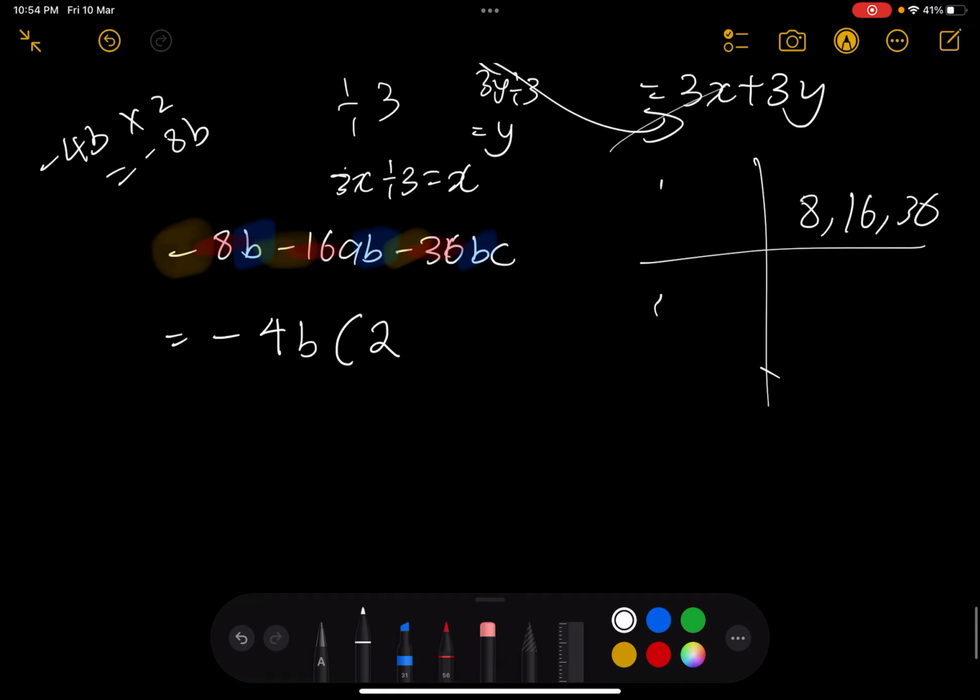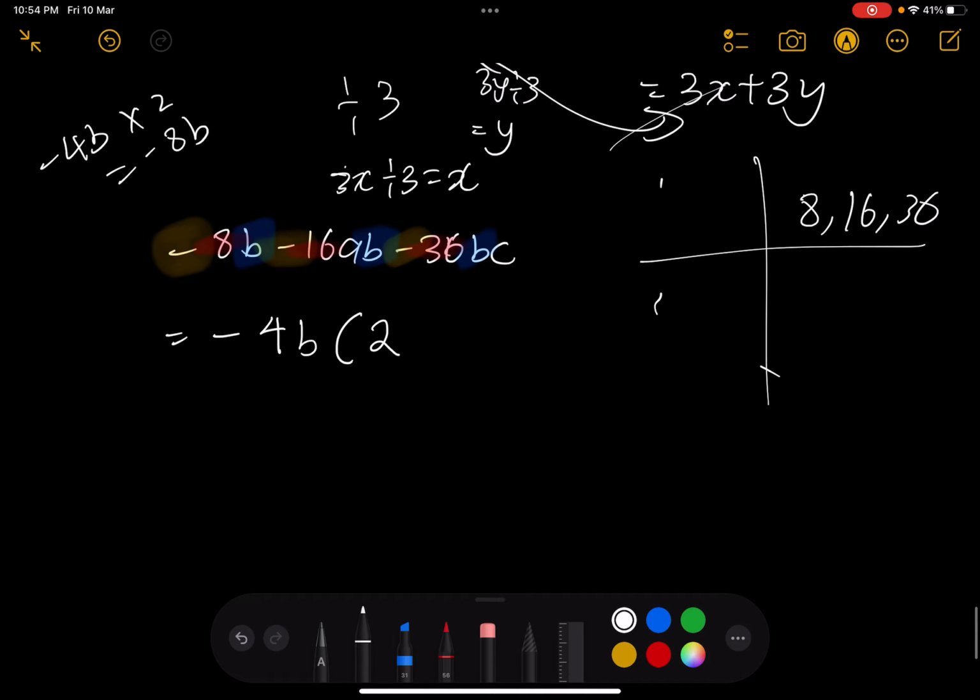We want a minus, so it's a plus here. Okay? Because, remember, plus times minus will give you minus. Okay? So you see, this one times this one will give me this one. I covered that just now. Okay?